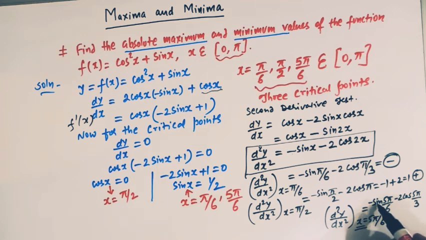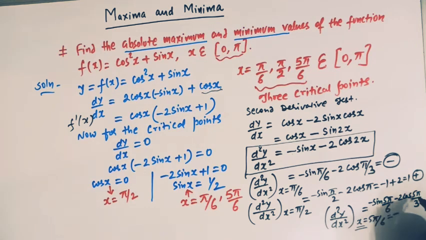So here, 5 pi by 6 lies in the second quadrant, and sine is positive in the second quadrant, so here we have this negative sign, and sine pi by 6 is positive, so the overall sign is negative. And cos 5 pi by 3, here 5 pi by 3 lies in the fourth quadrant, right?